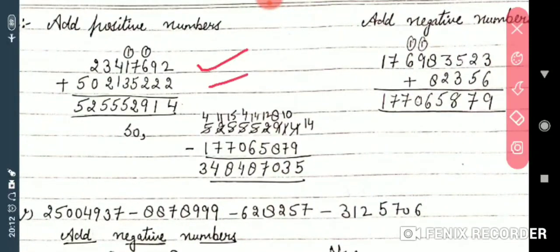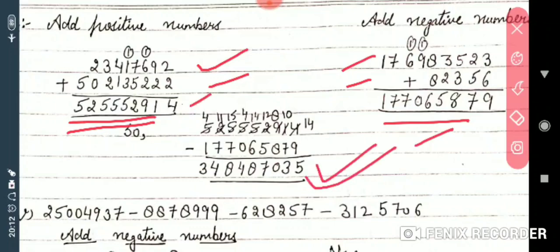See, these both are positive numbers, so as I have explained before, similarly you can add both these numbers. These are the negative numbers, so you can add these both negative numbers. Yes or no? Now you can subtract this negative number from this positive number and you will get the answer.